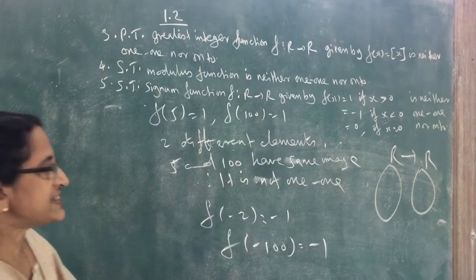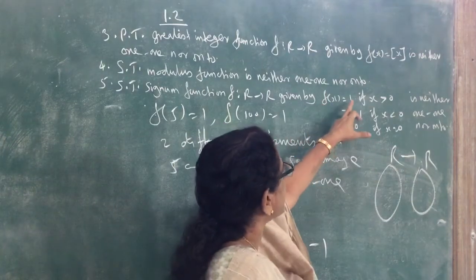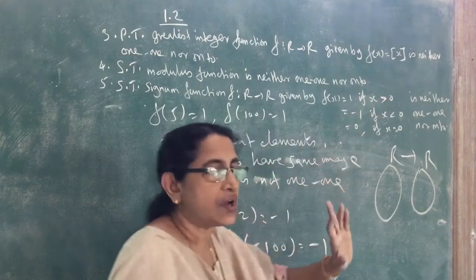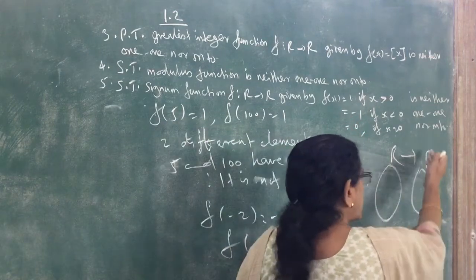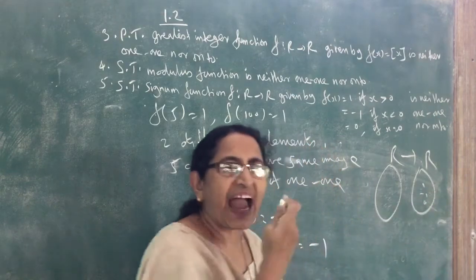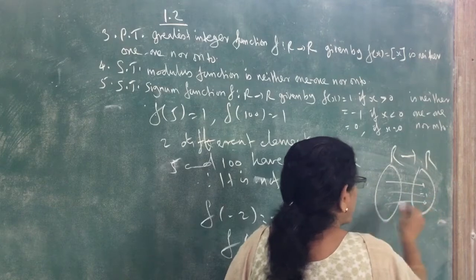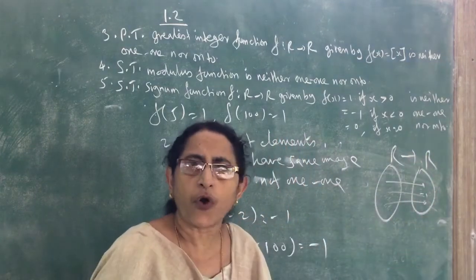Now onto. We have seen that all the values of the function are either 1, negative 1, or 0. In the set of real numbers, all real numbers are there, but only 1, negative 1, and 0 have a preimage. Only these three numbers have a preimage, and all remaining numbers have no preimage.